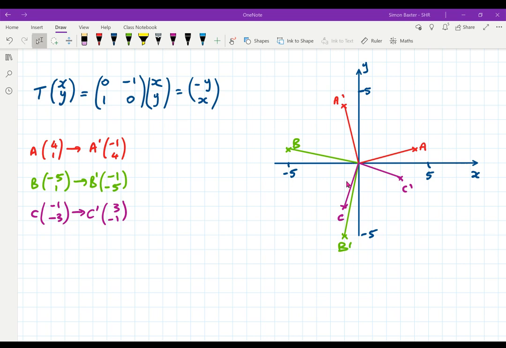Take OC, rotate it through 90 degrees, we get OC dashed. And so this transformation comes out to be a rotation through 90 degrees about the origin.